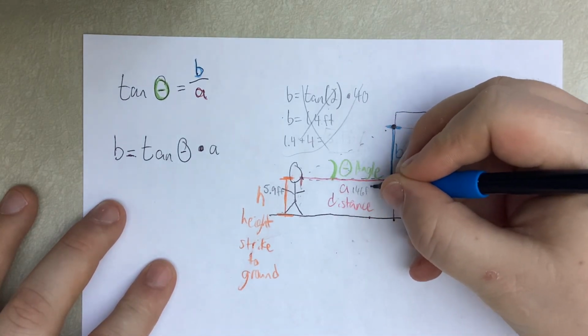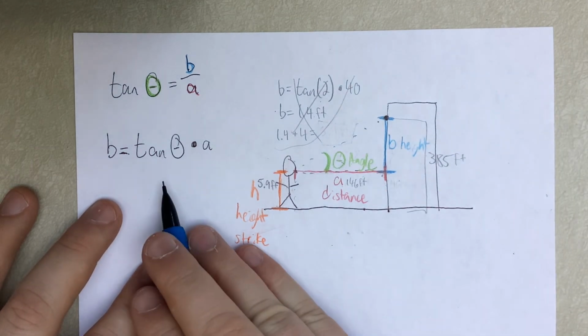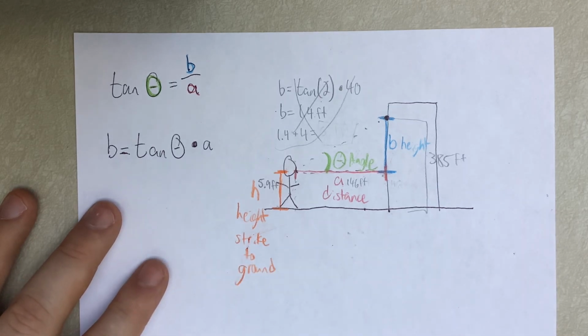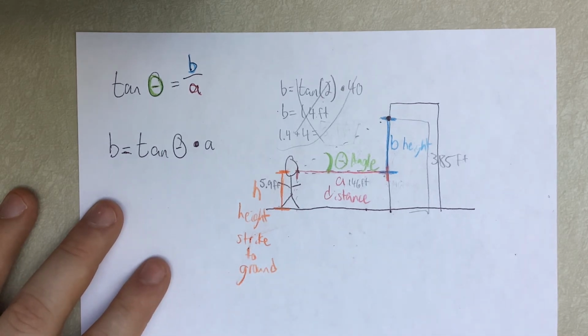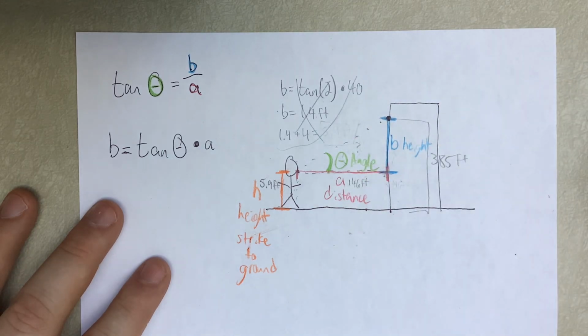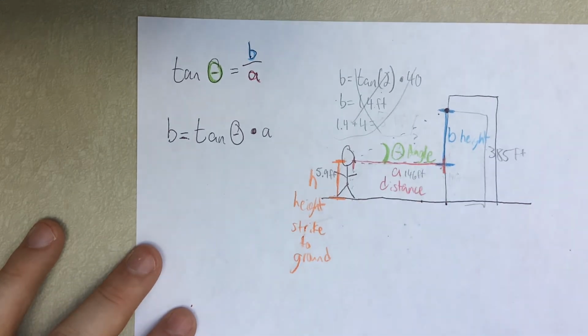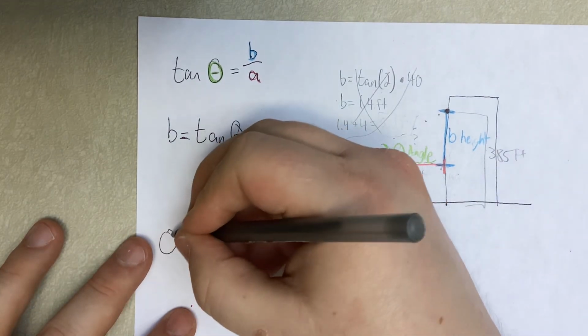So in order to solve for this one, I'm not going to be able to use this formula because it's asking for something else. Instead, I'm going to use a formula where I can solve for this angle instead. So my new formula is going to be answering for theta.